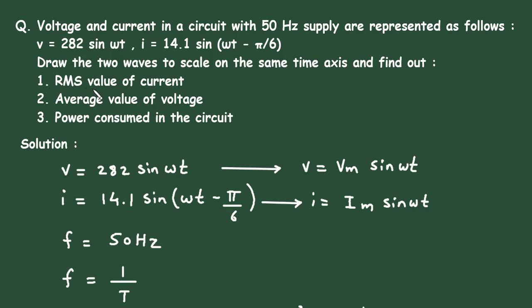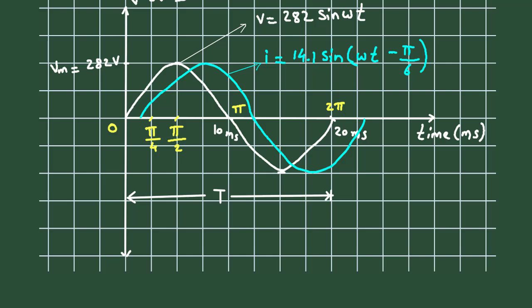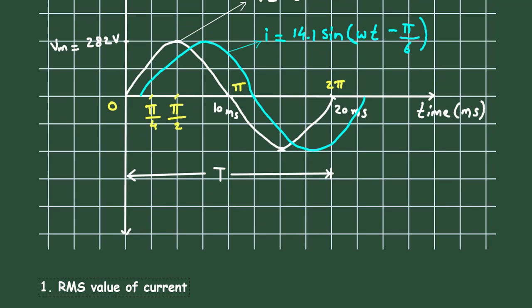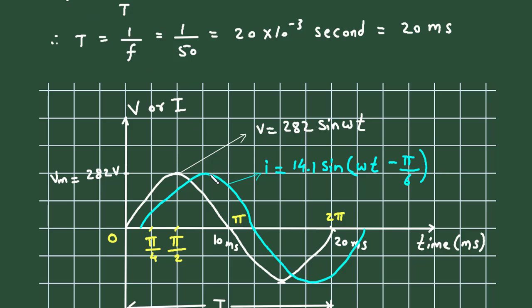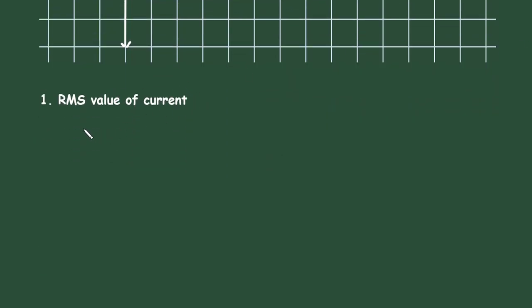Next we have to find the RMS value of current. Also remember that the maximum value for this will be 14.1, so here it will be 14.1 ampere. This is the value of Im. Then the RMS value of current, that is Irms, we have to find.